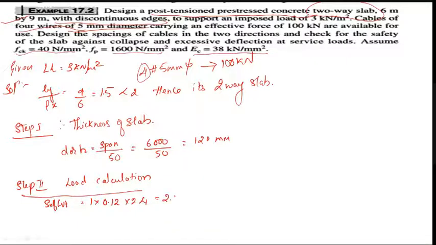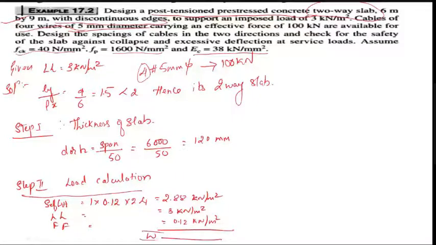You will get 2.88 kilonewton per meter square. Live load, how much has he given? 3 kilonewton per meter square. I will take floor finish as 0.12 kilonewton per meter square. Okay, the total load W equals 6 kilonewton per meter square.